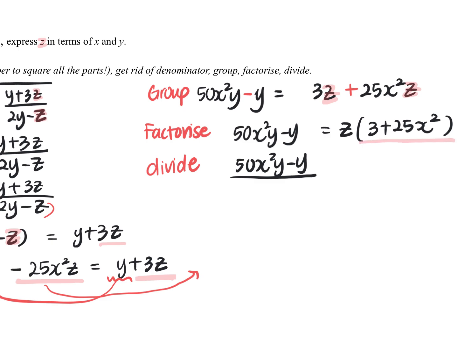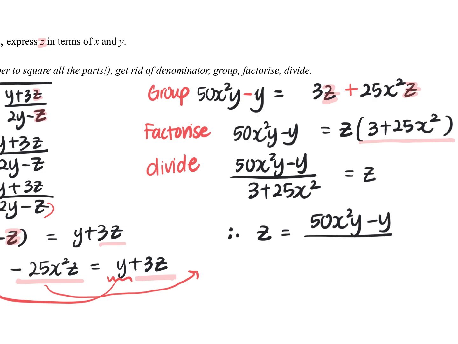We don't want this, so we're going to divide this part away. So it will be just 3 plus 25x squared equals z. And last but not least, we're going to put z as our subject. So z is in the front. So z equals 50x squared y minus y over 3 plus 25x squared.